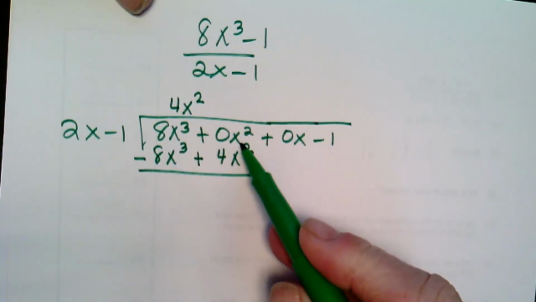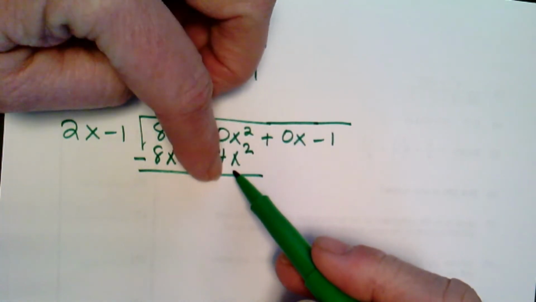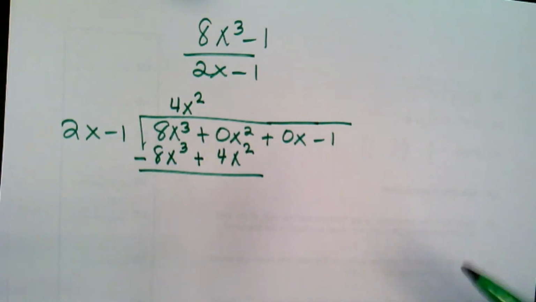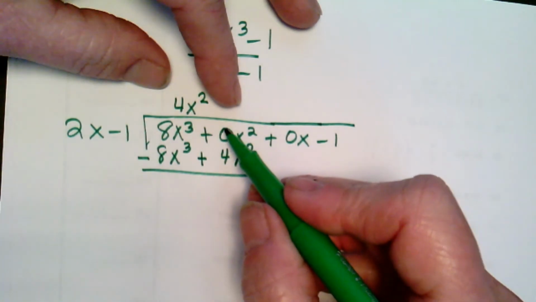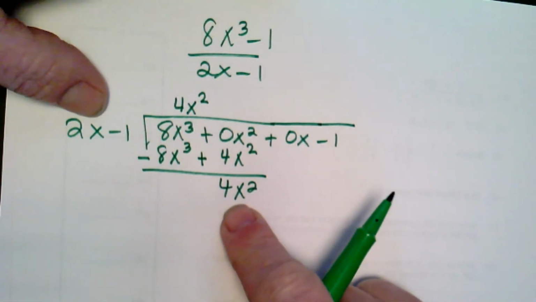So see, if I wouldn't have had the placeholder here, I would have had a 1 here. Well, 1 and x squared do not match up, so you can't add and subtract unlike terms. So that's why it was important to have our placeholder.